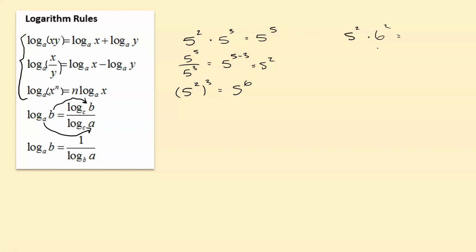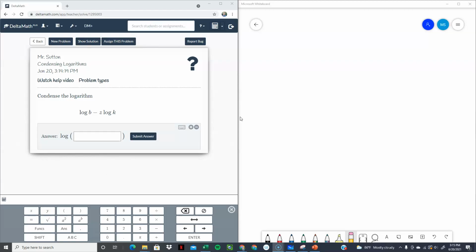All right. So some things to note for the next section of the practice. Make sure you have those notes written down. So here we want to condense this logarithm into one logarithm. Notice we cannot see the base.